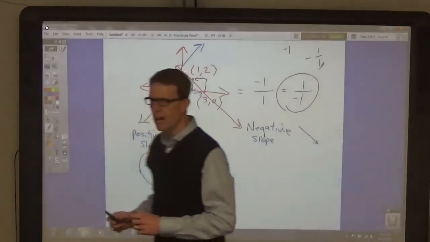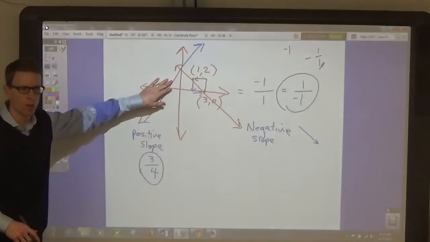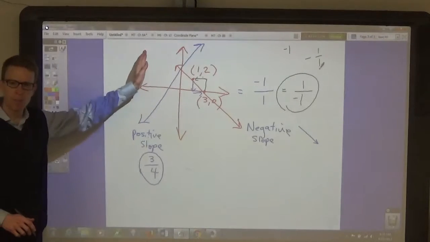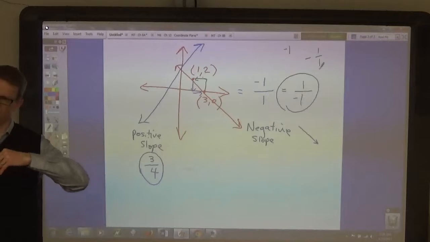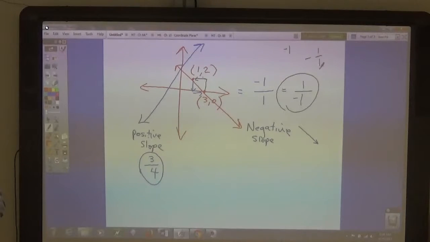Does everyone understand how to count to find the slope? Count up and over, or down and over. Cool. I counted using the little boxes, and from 3 to 2 it has 2 boxes, so I put 2. From 3 to 2 is what, 1 space.